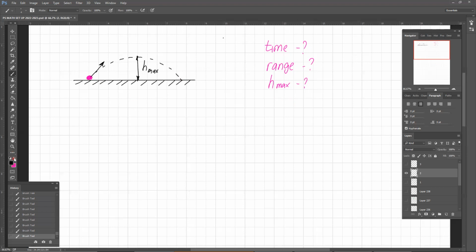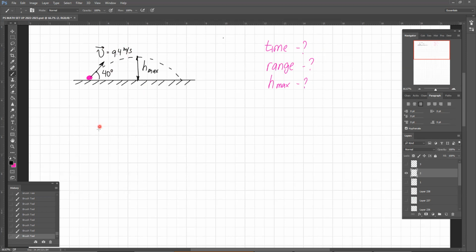We should probably introduce some numbers. Suppose the angle given was 40 degrees and the initial velocity was 9.4 meters per second. Just the two things, and as you can see, we'll figure everything out from the two things.